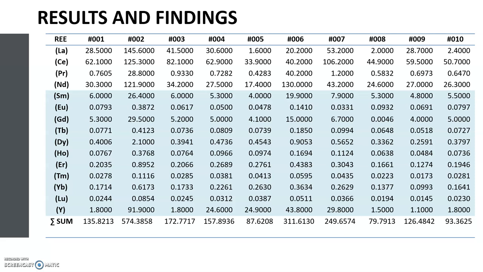Our data shows that out of 10 samples, 7 samples have values of more than 100 ppm, with sample 002 appearing to have the highest total REE with an amount of 574.3858 ppm, followed by sample 006 with a value of 311.6130 ppm.